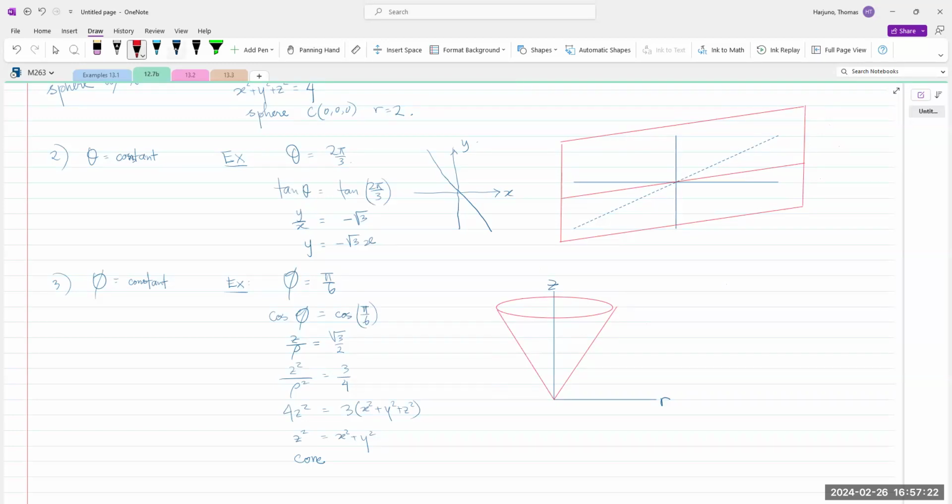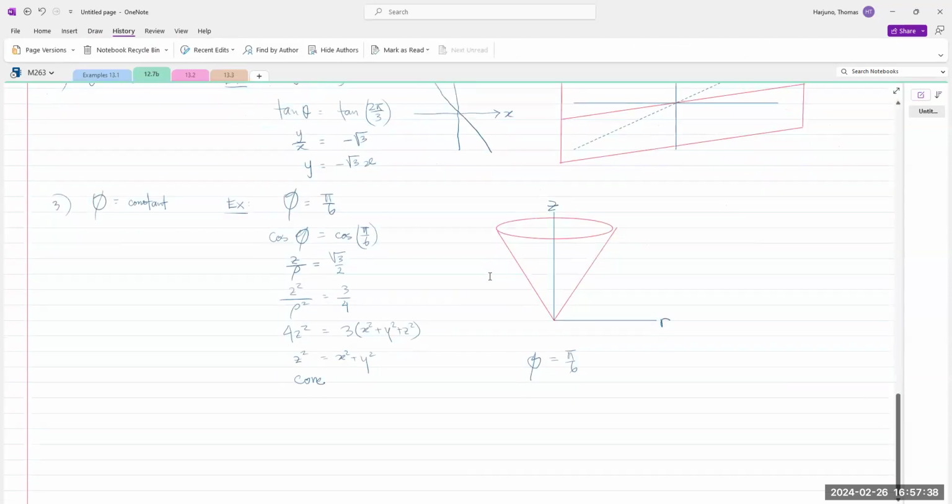If we convert that into polar, or into cylindrical, it's actually better. So notice that if I use phi equals pi over 6, I'm sorry, this should be 3x squared here and 3y squared here. Then I apply tangent: tangent phi equals tangent pi over 6.